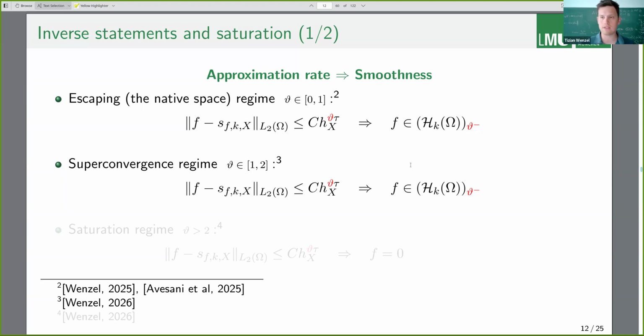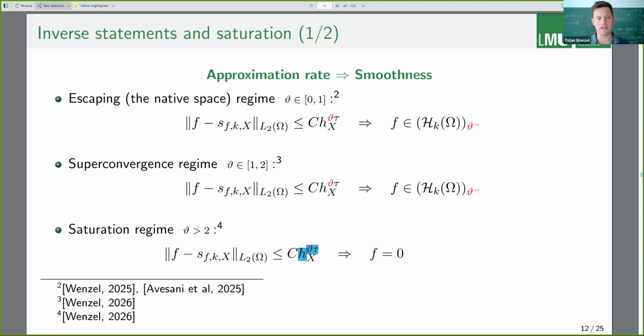And then finally, we also observe some saturation. So, this saturation means in practice that we cannot approximate faster than 2 tau, because in case our approximation rate is larger than 2 tau, this needs to be the zero function. So there is no non-trivial function which we can approximate faster than 2 tau.